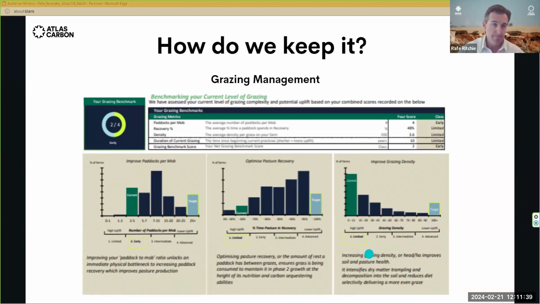And then density. We talk about grazing density because we want enough cows in the paddock to make good use of the paddock. We don't want them just picking out the sweet bits. We want them to graze the entire paddock, because that gives us more usable area on our farm. If you let the cows live where they want to live, they'll live in the shady hollows down by the river.